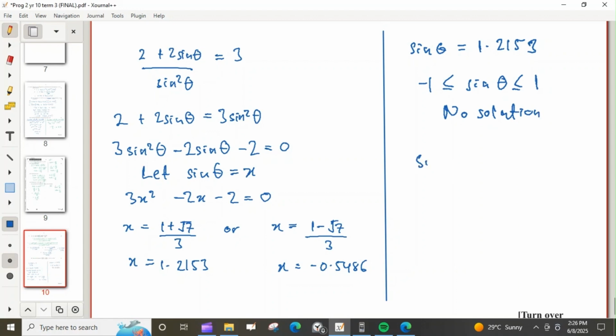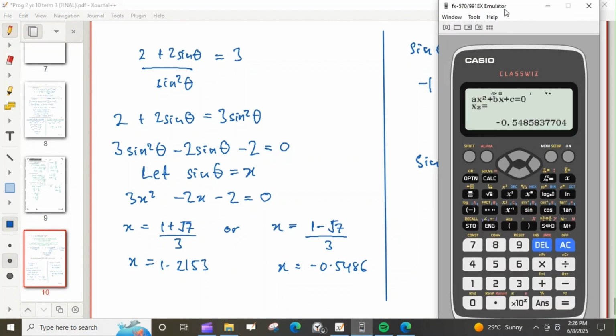How about if it's negative 0.5486? Okay, so I'll take the sine inverse of this. Why didn't I bring the negative sign? Because I'm finding the acute angle. If I find the acute angle, you don't bring a negative sign. So let's see, sine inverse of this.